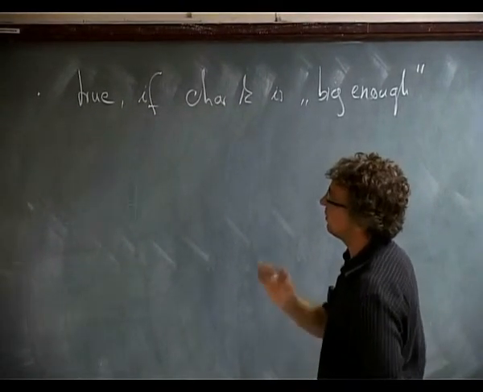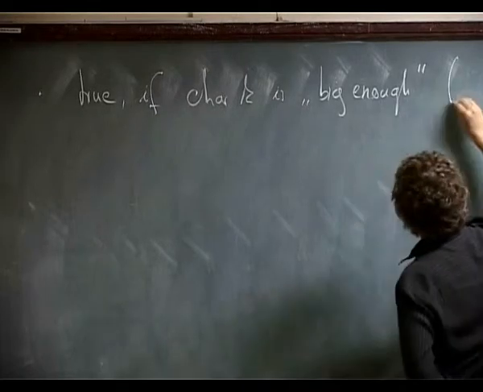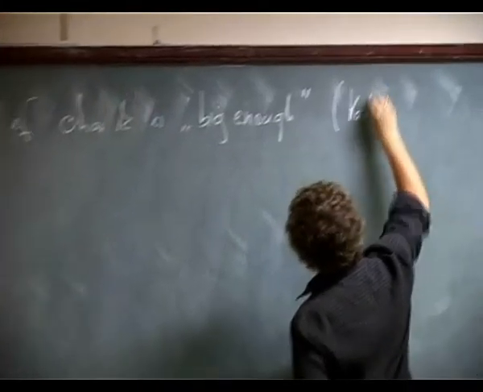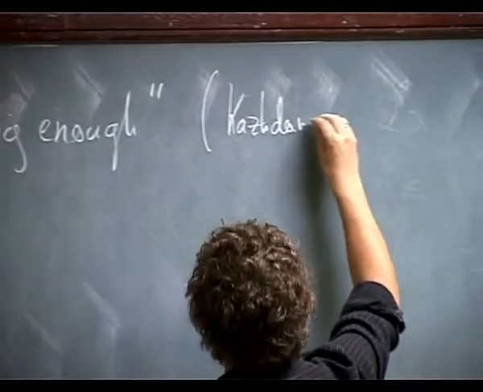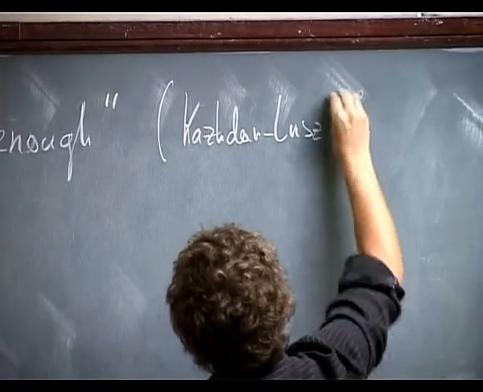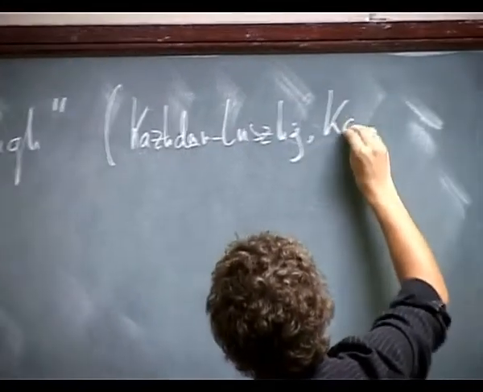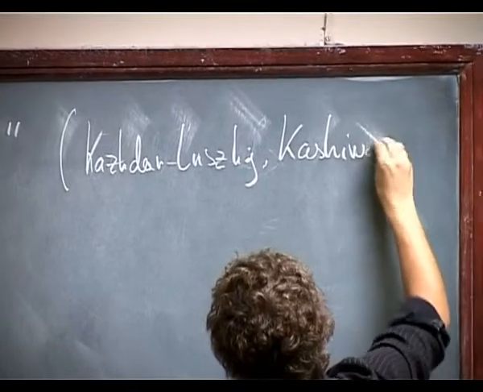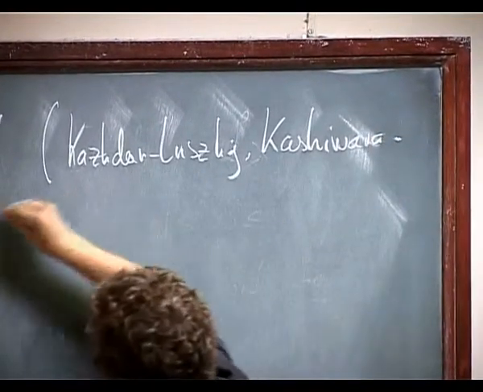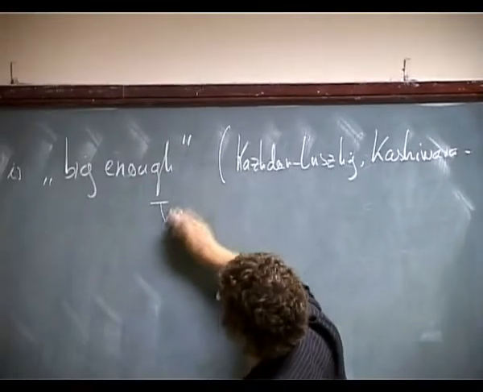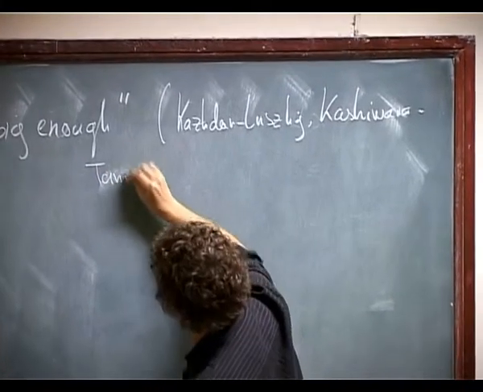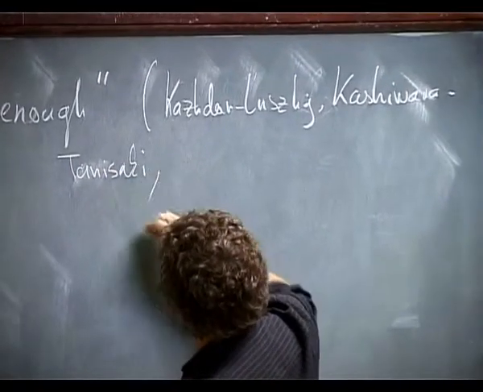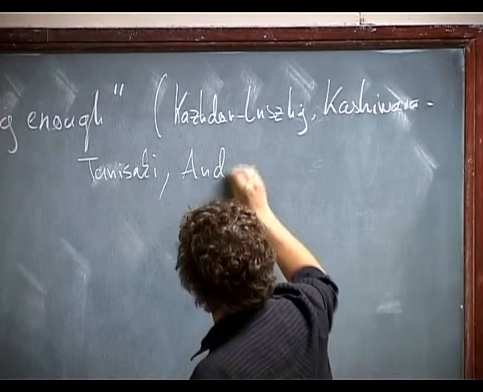And there were several authors involved. So, for example, Kazhdan and Lusztig, Kashiwara and Tanisaki. Each of these authors proved a certain step in the overall proof. And then finally Andersen, Jantzen and Soergel.